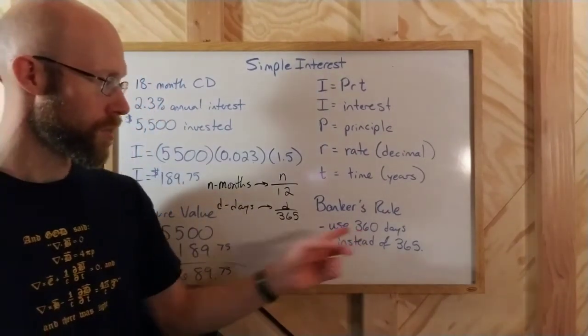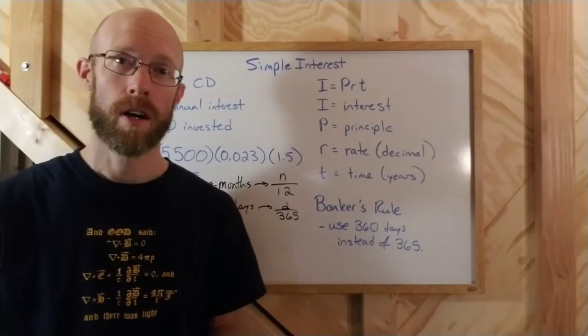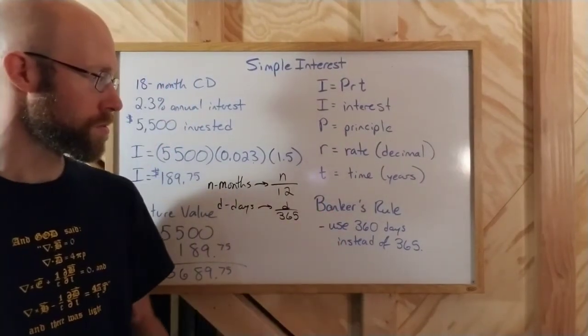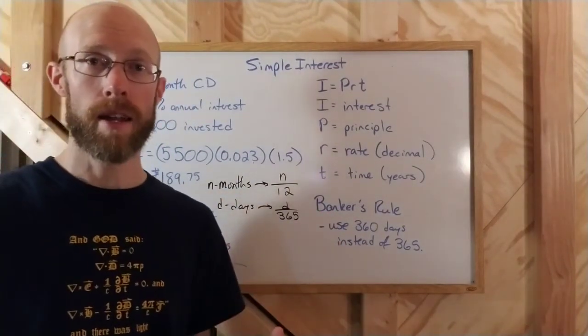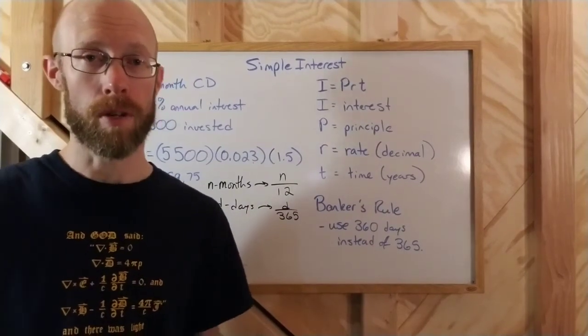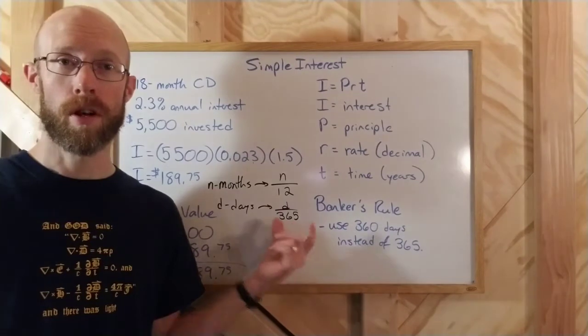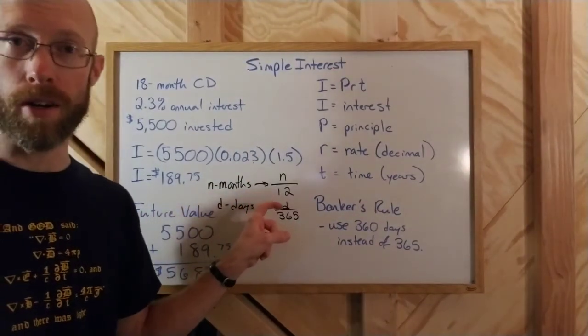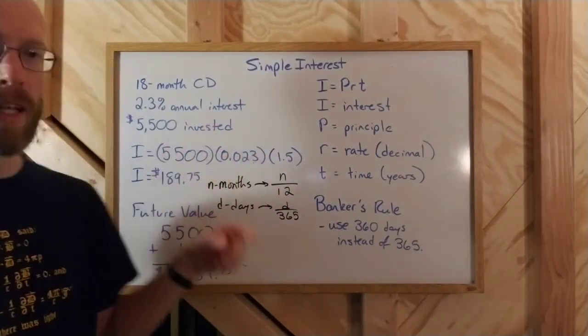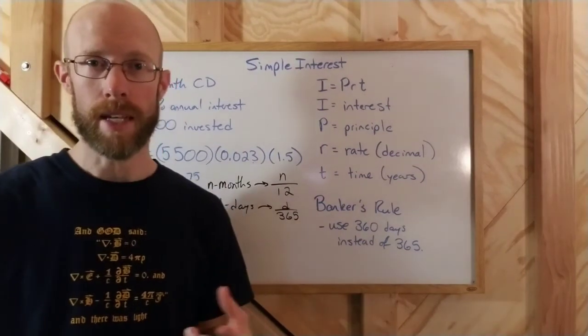And so 360 was often used, and that's called the banker's rule, where legally they could do that. It ends up benefiting the bank in the long run because dividing by 360, which is a smaller number, allows this fraction to become bigger, and then when you multiply it in, the interest is larger.